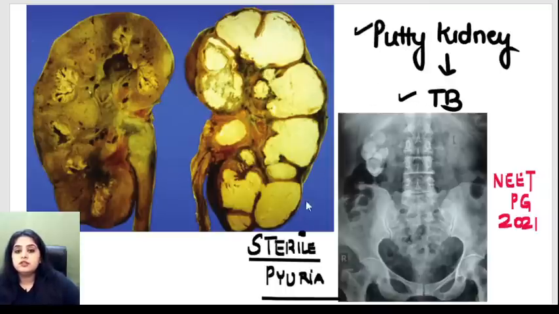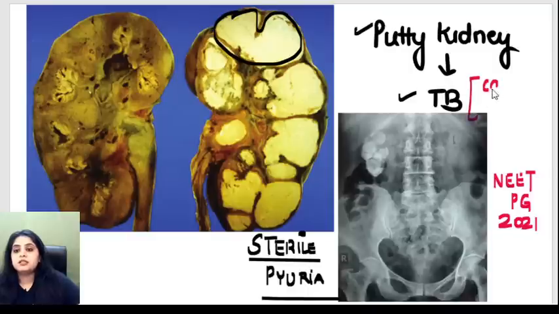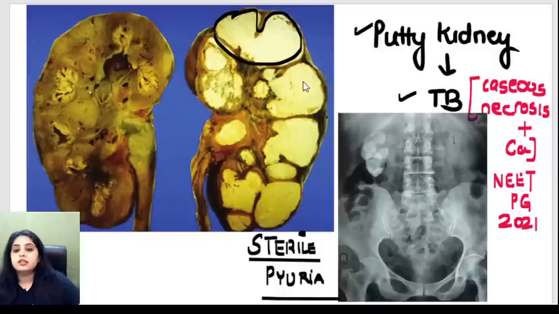So this is the gross of a putty kidney, and you can see these areas of necrosis. What necrosis do you expect in TB? Everyone knows that we expect caseous necrosis, and caseous necrosis can also be associated with calcification. So all this is caseous necrosis and calcification, and you call it putty kidney.